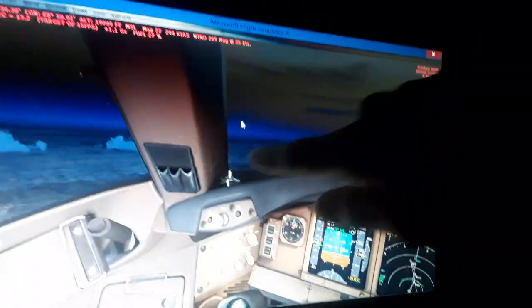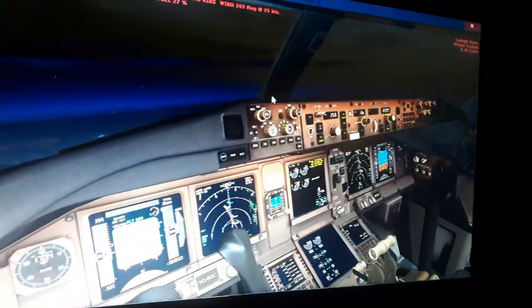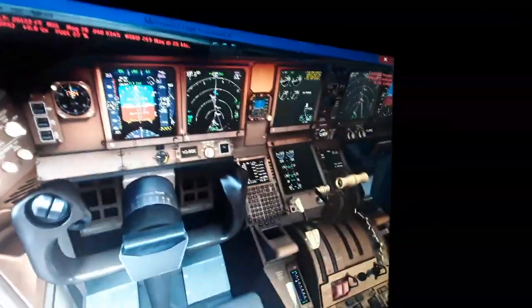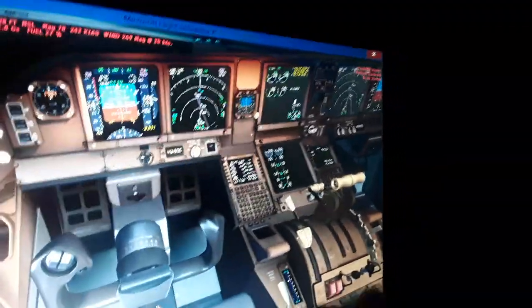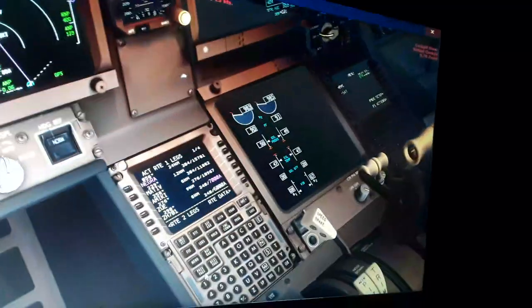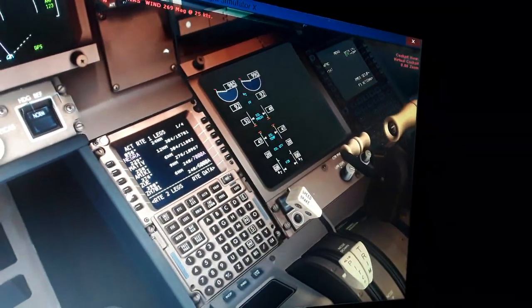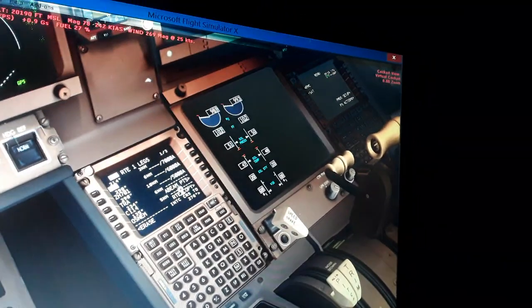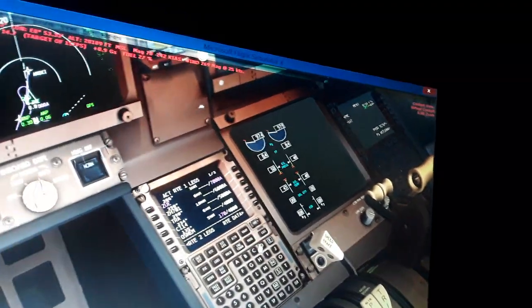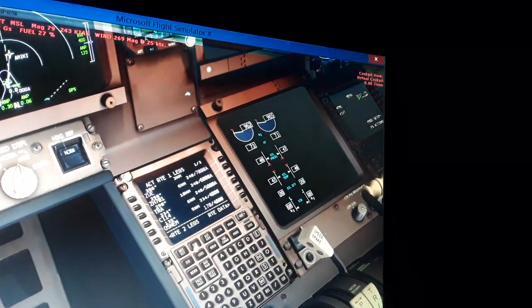So you can see Germany in front of us as we keep climbing.